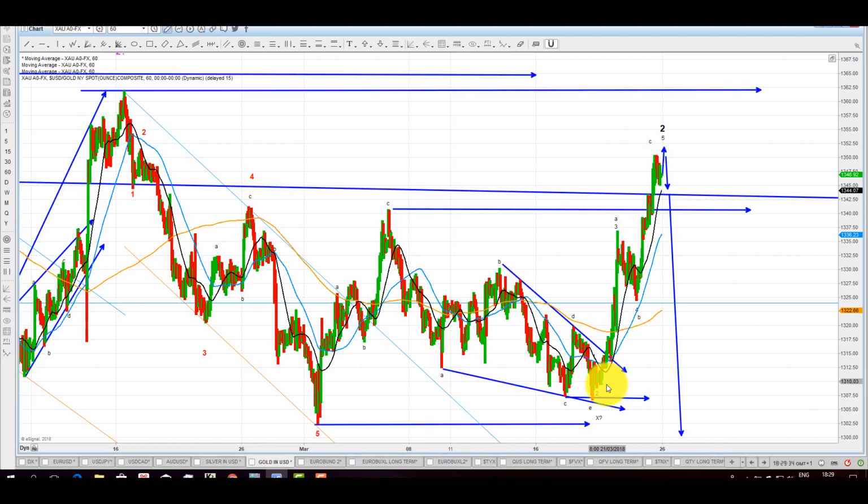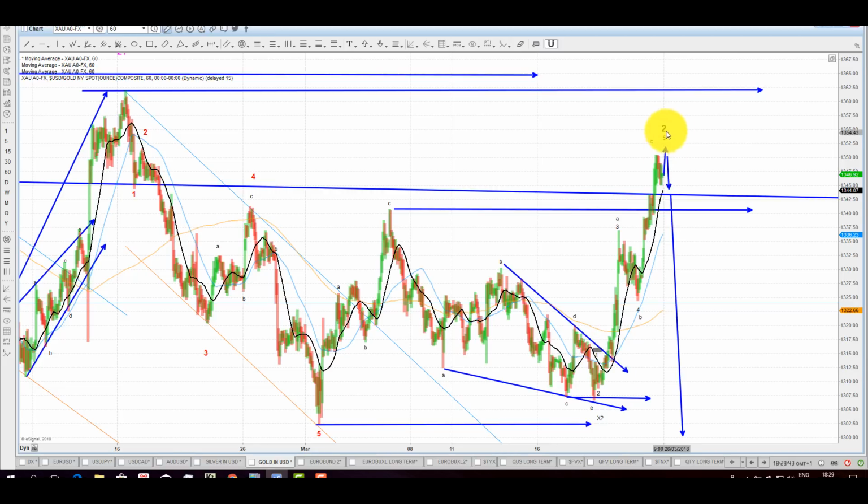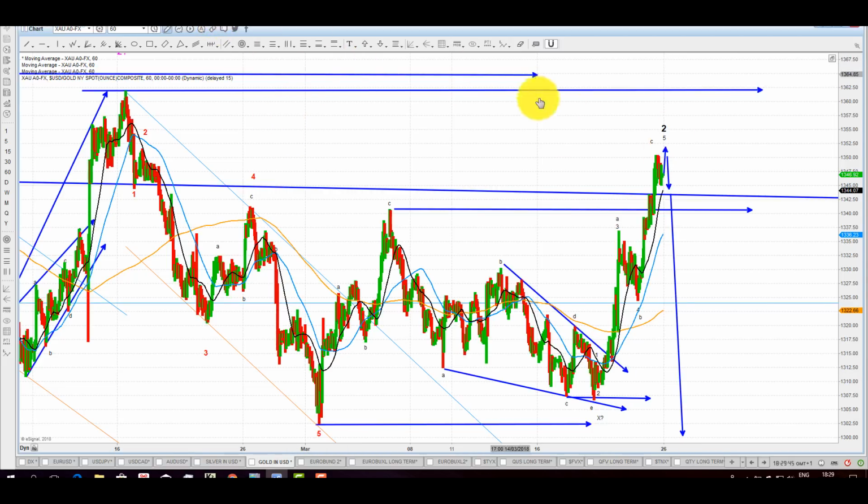Okay, there are two ways in which we can relate to the movement from the bottom here. We can count this, and it's not very clear at this point because the movement is not complete, you see. Once the pattern is complete, once you get a signal that the structure that started here as a unit is over, then you can be more sure how to subdivide it.